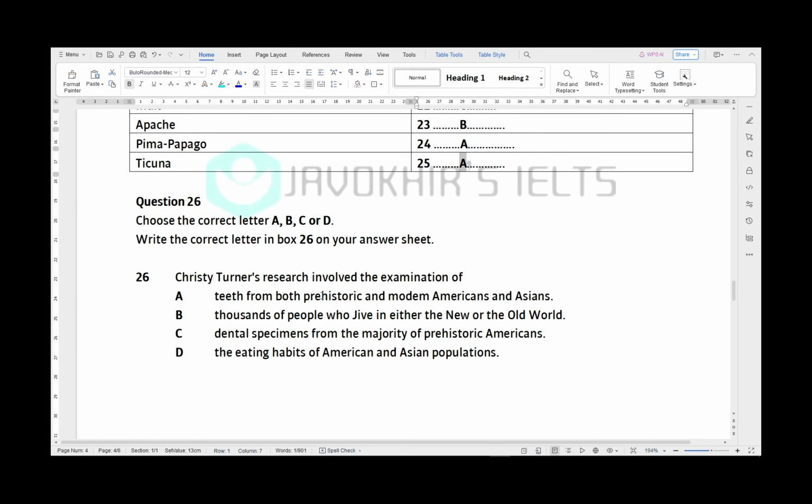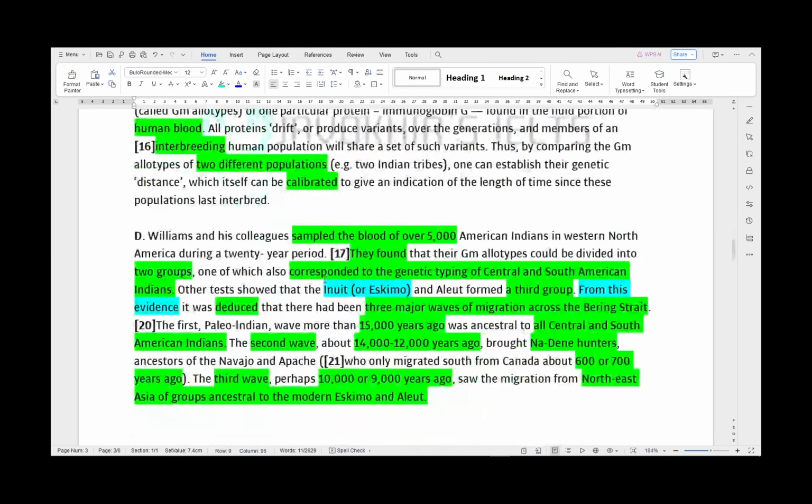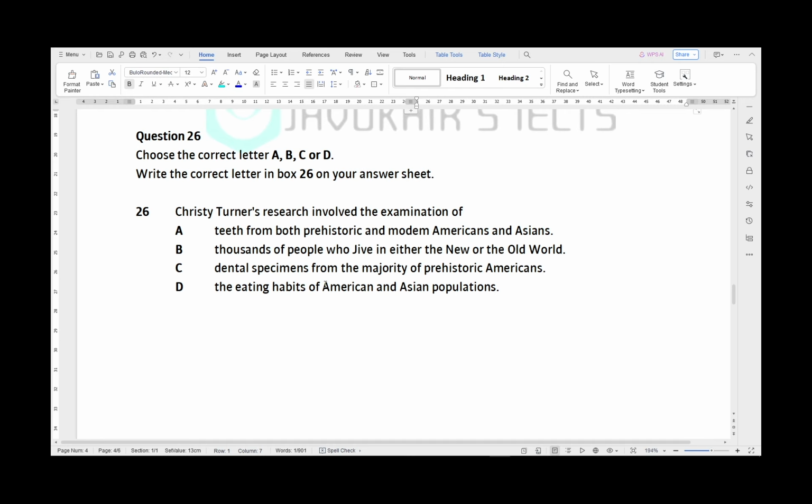So 26. What is 26 saying to us? I'm not really sure, but I think Ticuna was obviously A, right? I remember the first wave. I pretty much believe that the first wave was taken. Now, Christy Turner.